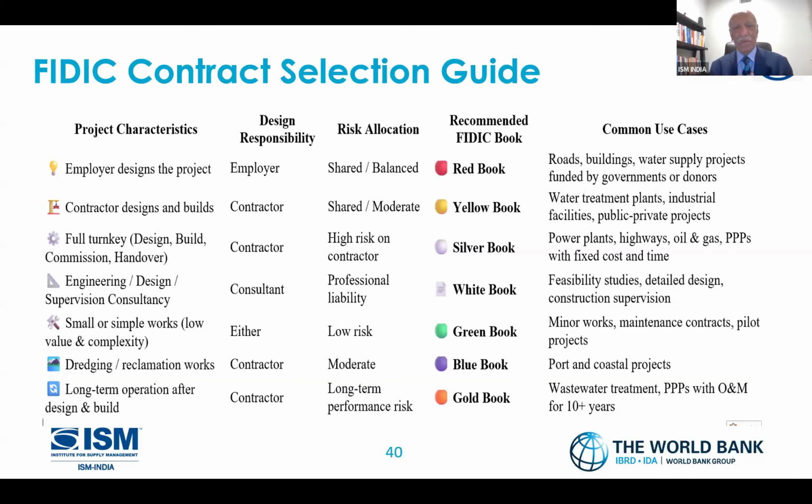The dredging is again, if I'm doing some coastal projects, I'm doing a port, then there's dredging involved. So certainly I can do the blue book. Then we have the gold book for triple P projects. If you're doing triple P, public-private partnership, we can do that.